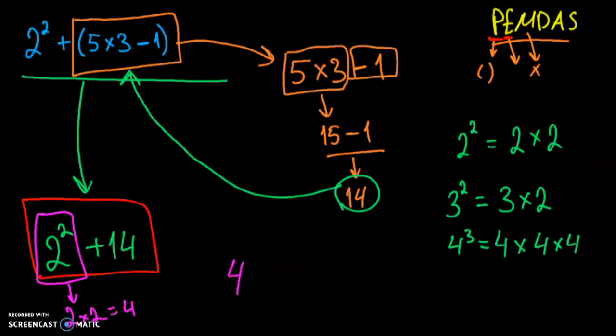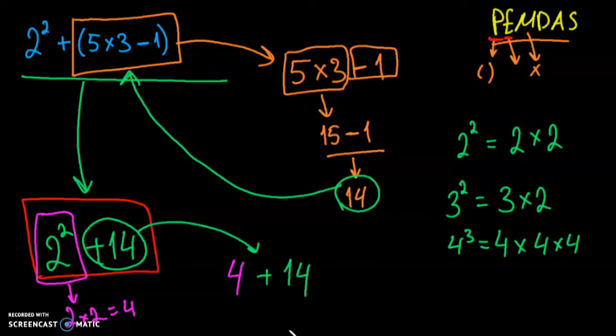So we get 4, and we still have this plus 14. 4 plus 14 is 18. And now we're done. This is the answer.